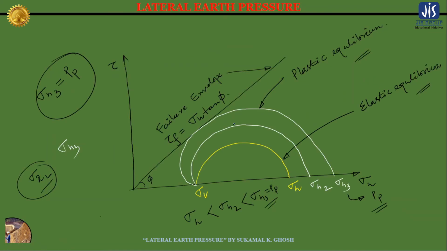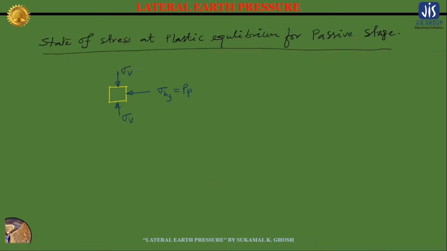Here we have discussed that at the lateral earth pressure value sigma H3, the soil reaches its plastic equilibrium, right. So this is PP and this is also the PP or the sigma H3, okay.